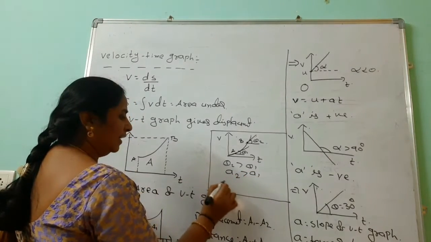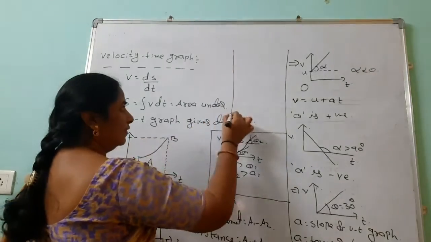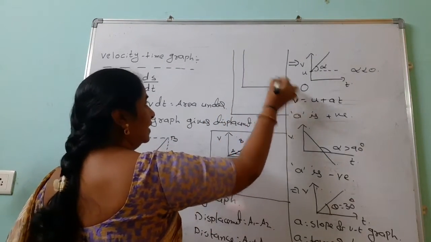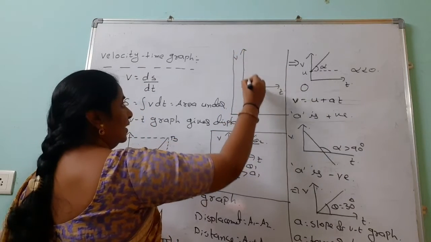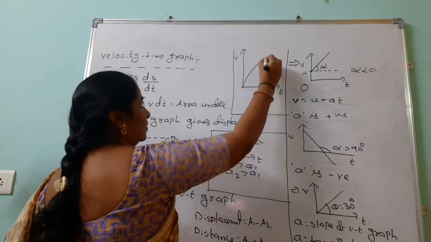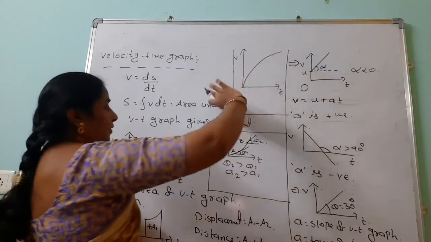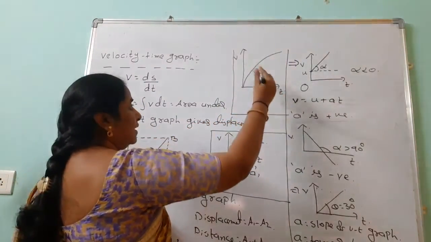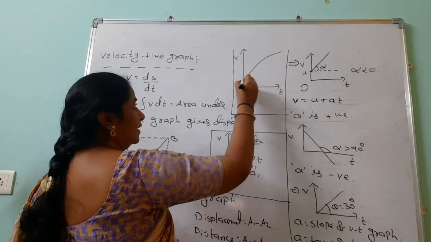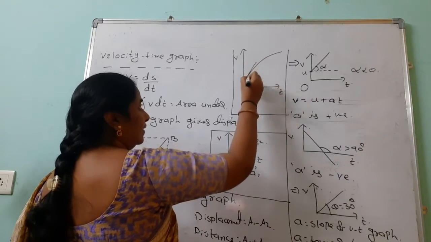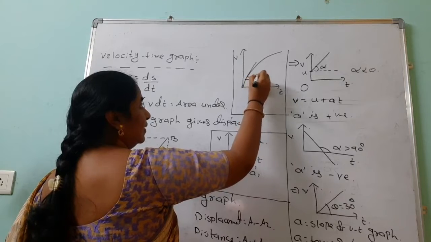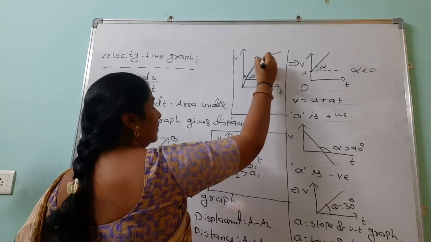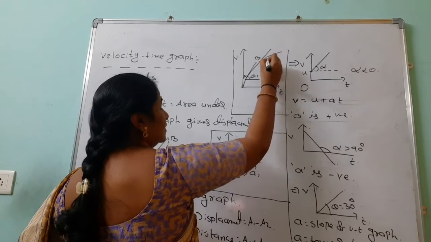One more graph we are taking here. See, this is the time and this is the velocity, and this is also a parabola, but it is opening downward. Here we draw the tangent; this is theta 1 at A and at B the slope is theta 2.